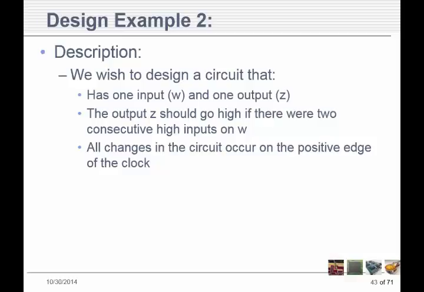It says the output should go high if there were two consecutive high inputs on W. So we could get 1 0 0 0 0 0 1 0 1 0, no high yet on Z. And then get 1 1. Now we got an output on Z, where it goes high.